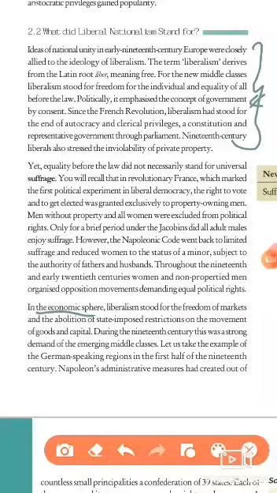Now, coming to the economic sphere, liberalism stood for the freedom of markets and abolition of state-imposed restrictions on the movement of goods and capital. This abolition of restrictions was a strong demand of the emerging middle class, because this middle class included businessmen and industrialists.